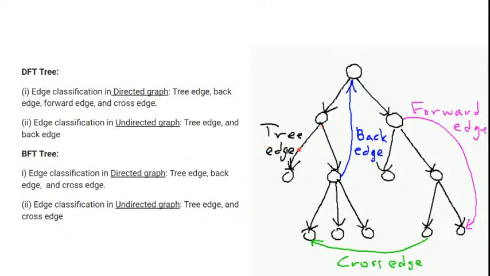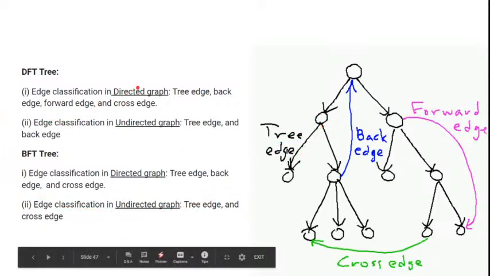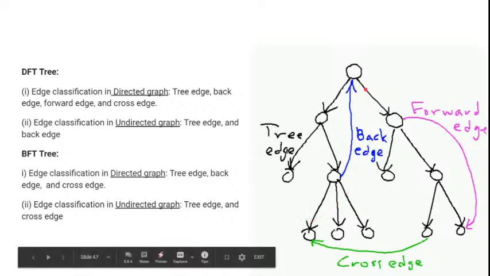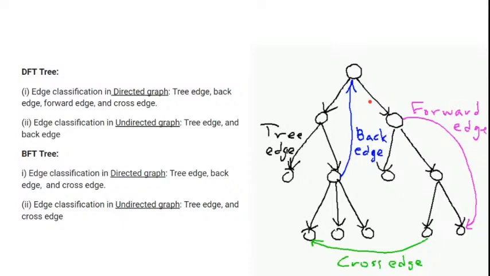Here, the edge classification in the depth first tree. For a directed graph, there is a tree edge, a back edge, and a forward edge, and also a cross edge. But in case of an undirected graph, there is a tree edge and back edge, and there is no cross edge.